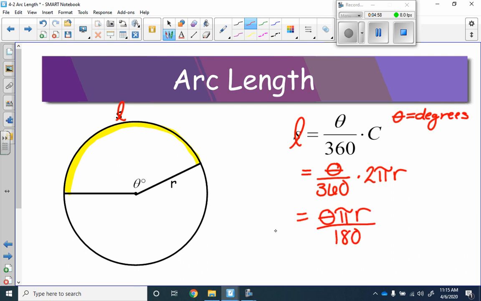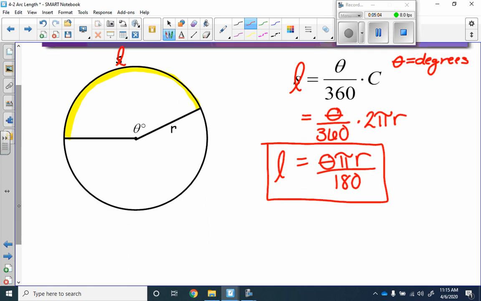That's another way that you could think about your arc length. I just don't want you to necessarily memorize a formula. I'd rather you just understand that it's a fraction of your total circumference. This, once again, is for when theta is in degrees, so you've got to be careful about that.